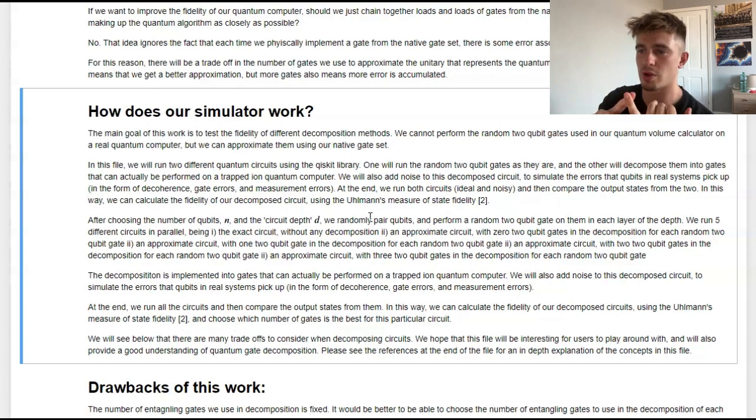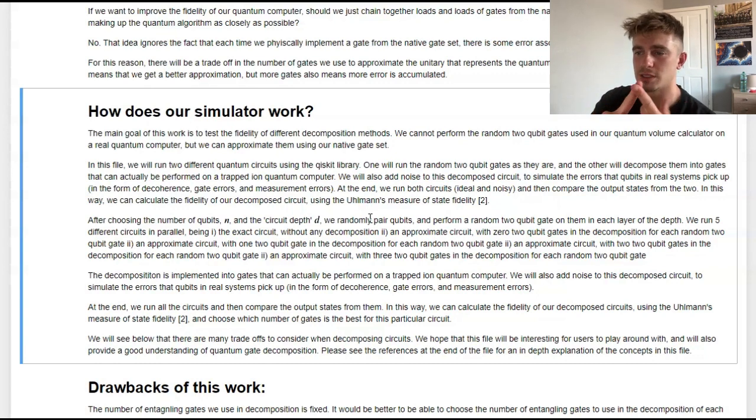One of them is where we implement the 2-qubit gates without any decomposition. So this gives us the ideal quantum circuit. No decomposition. In a perfect world, if we could just implement gates as we like, what would the final outcome look like? And then we're going to decompose all of the 2-qubit gates using no instances of the 2-qubit entangling gate, 1 instance, 2 instances, and 3 instances.